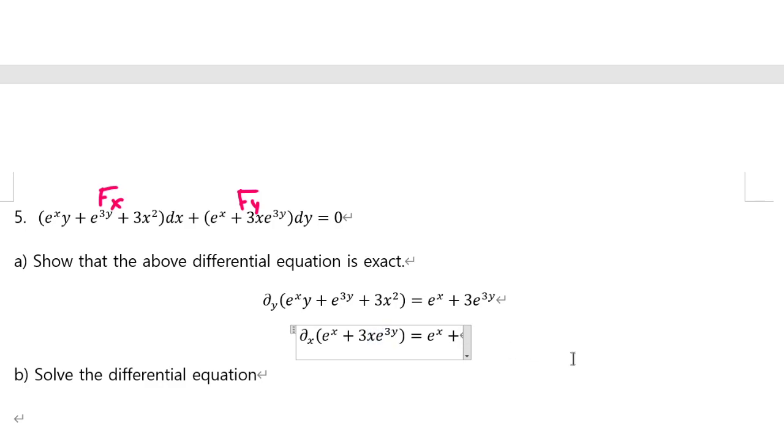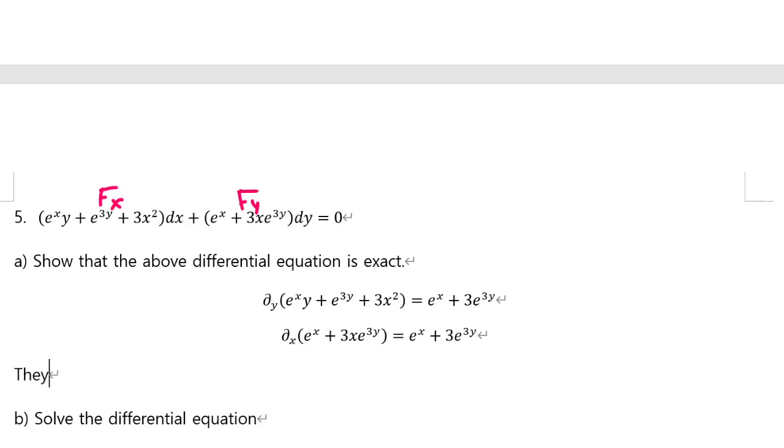So if you differentiate x by x, that's just 1, right? So you're just left with 3 times e to the 3y. And they do match. They match, and hence this is an exact differential equation.